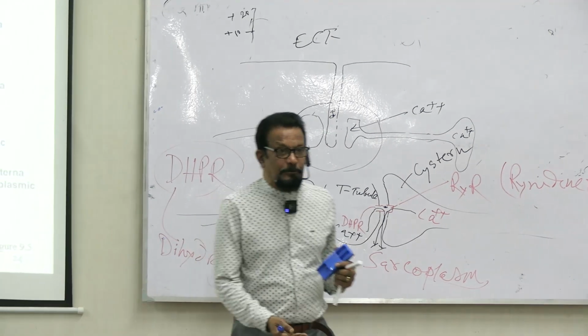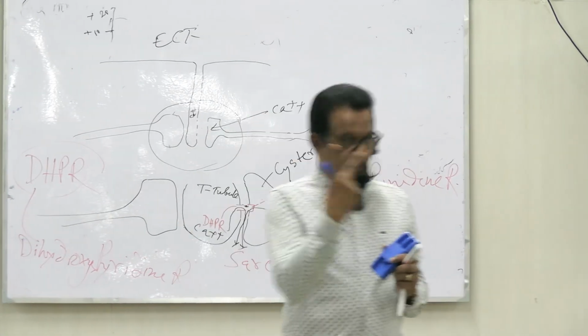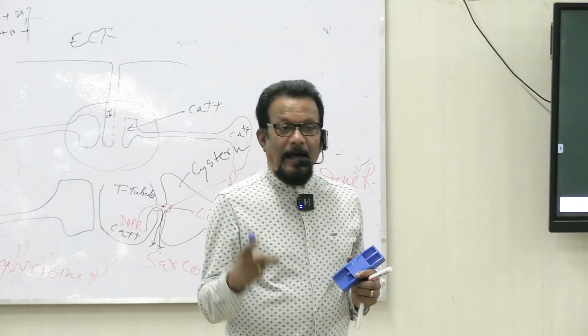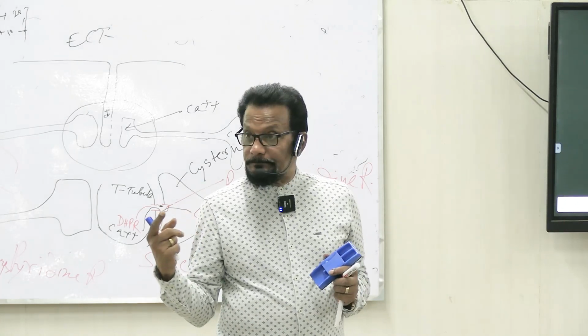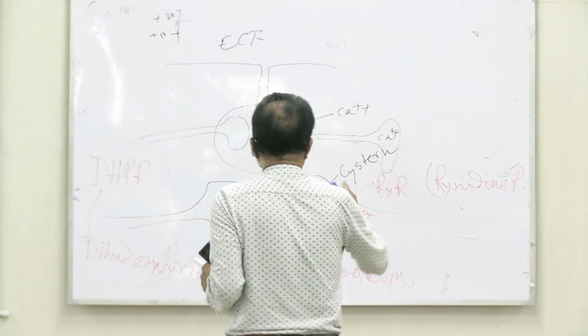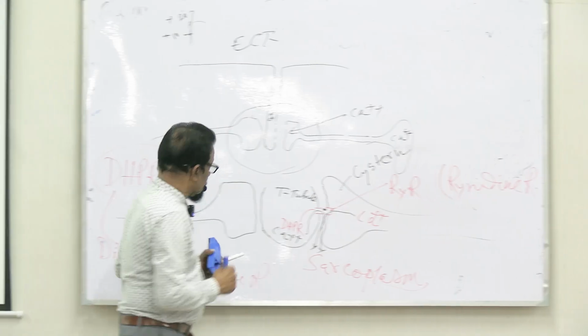How many receptors do you have in the triad till now? Two. One is DHPR, another is RYR, the ryanodine receptors. Okay.